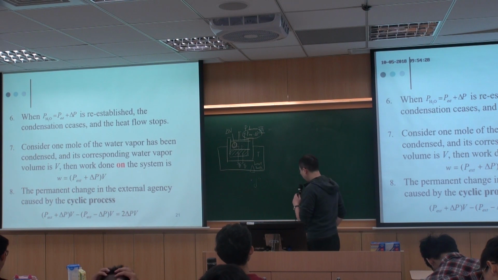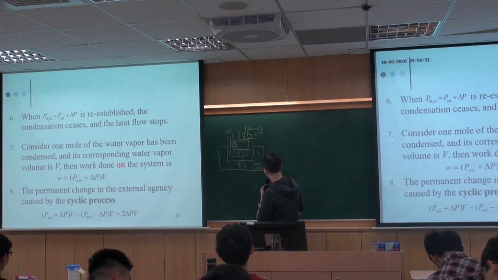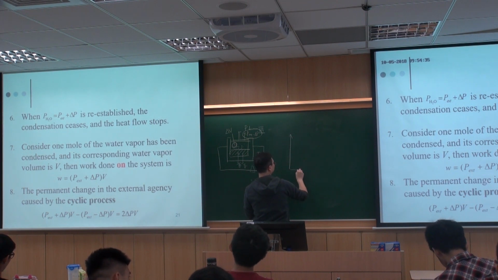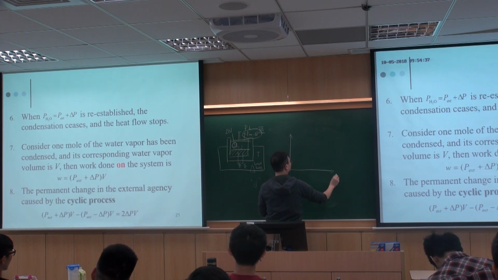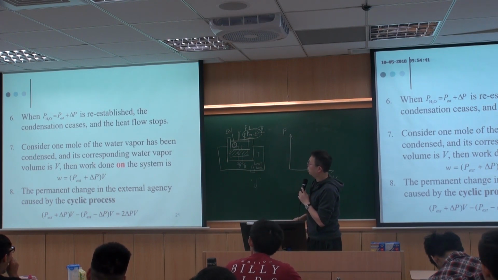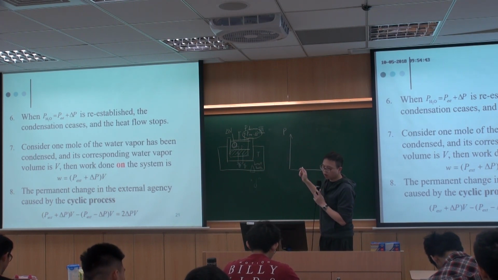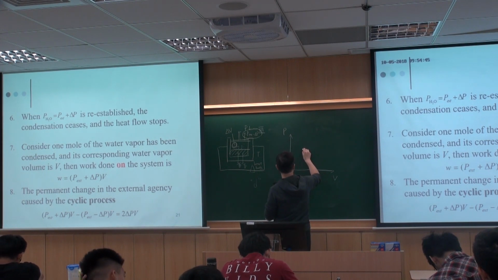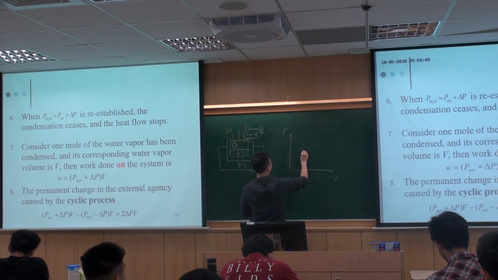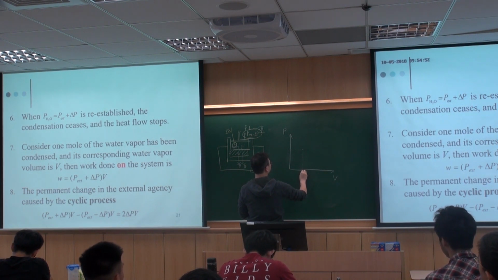So in this case, we have something like this. So this is the PV plot. And originally, the system is at, let's say, some certain volume.